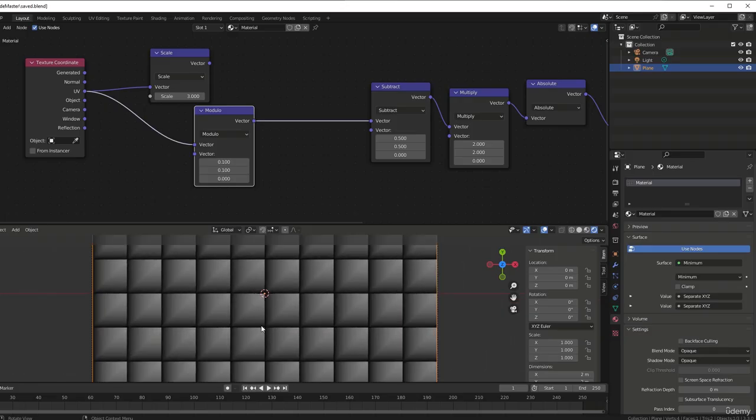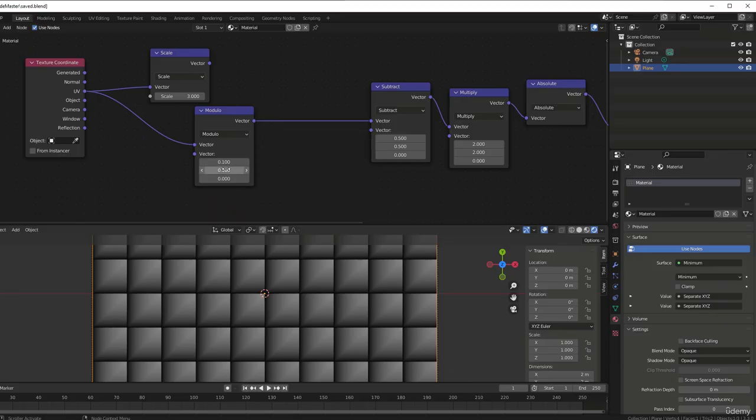But as you can see, they are not exactly as we expect. And that is because the maximum result out here is the number that you put in here. So now we don't get 0 to 1 out here. We only get 0 to 0.1 out here. So the result here is too small for us to use in this case.